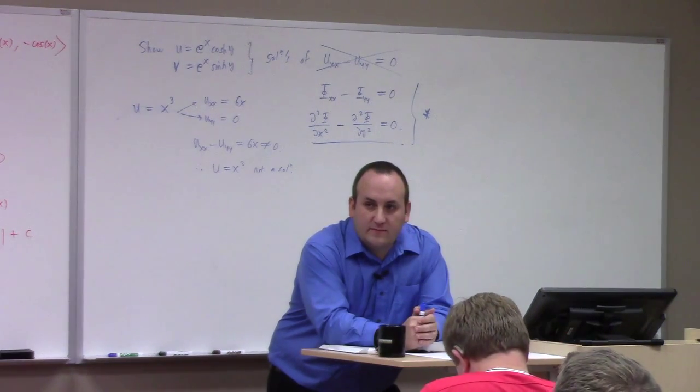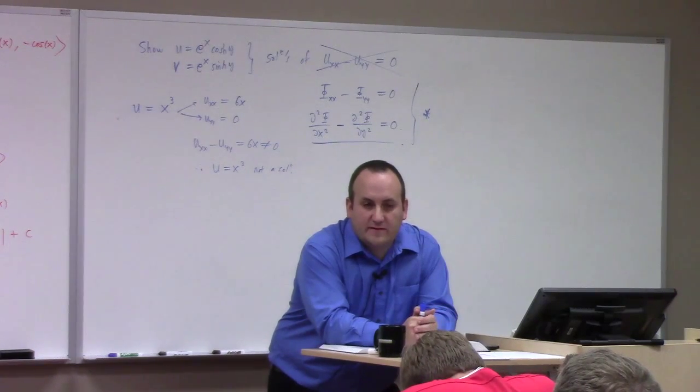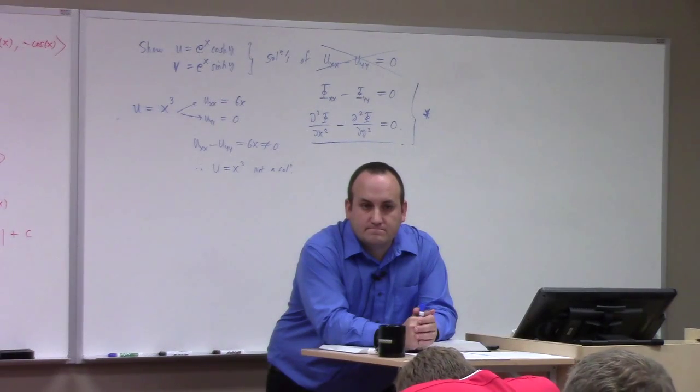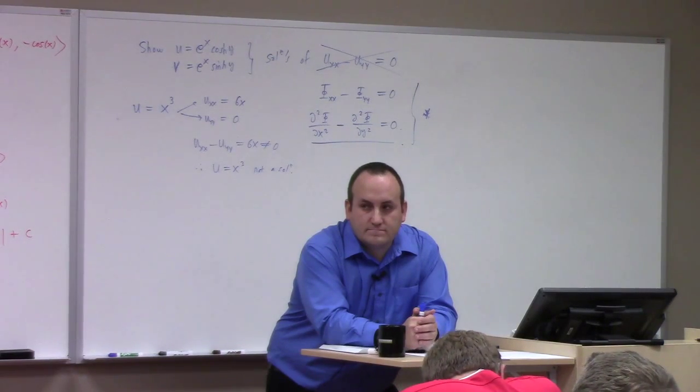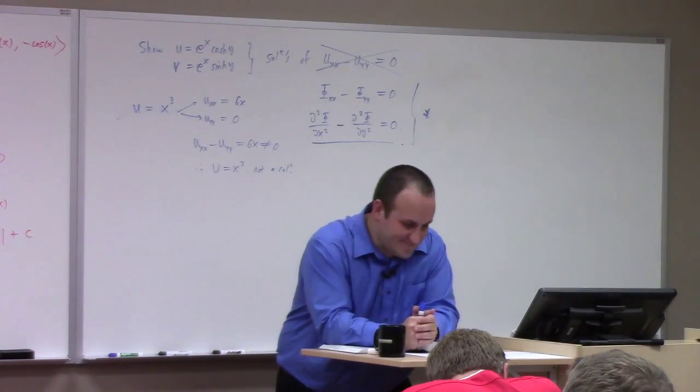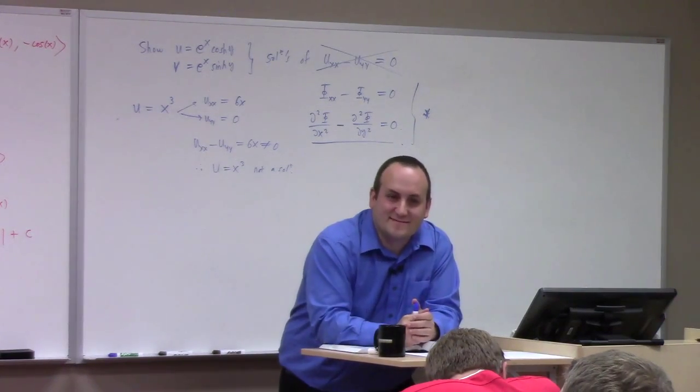So find a parameterization of the line with that direction and feed it to the function. That should give you a function of one variable, right? So what special property does that function of one variable have? That's the question.